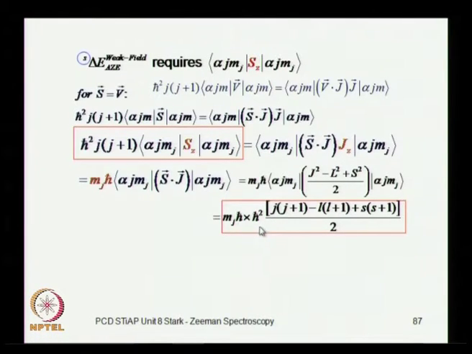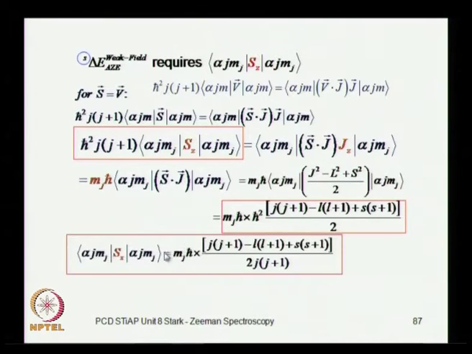So, you get h cross square into j into j plus 1 minus L into L plus 1 coming from here and S into S plus 1 coming from here. So, you get numbers on the right side now, and you are able to solve this expression, and this matrix element, which is the matrix element for Sz, is now obtained completely in terms of these quantum numbers, and you can write it for this matrix element, which is what you need.